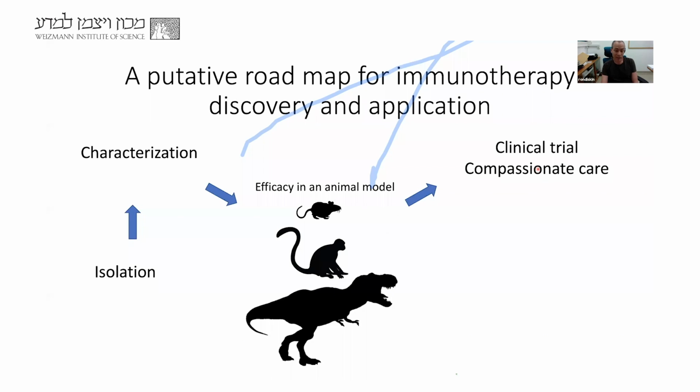However, antibodies are known to have a very good safety profile, unlike experimental drugs. And potentially we can actually get approval to use them for compassionate care protocol. And this is basically a very fast protocol to allow the usage in cases where there aren't other means to treat people.